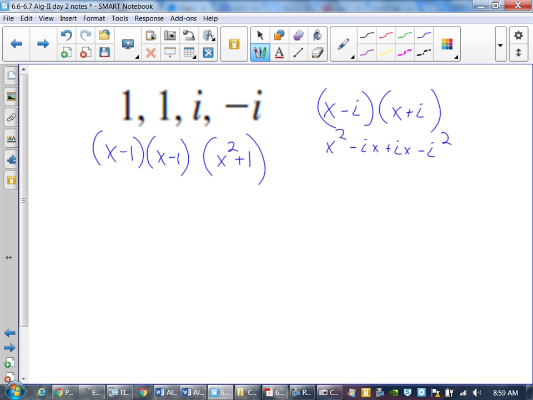They cancel each other out. So you get x squared minus i squared, which is what? What is i squared? Negative 1. So you get x squared minus a negative 1, otherwise known as x squared plus 1. That's where that comes from. So you can still FOIL the whole thing out, you just have to be cautious with your signs. So now it's just a matter of foiling all of that out.